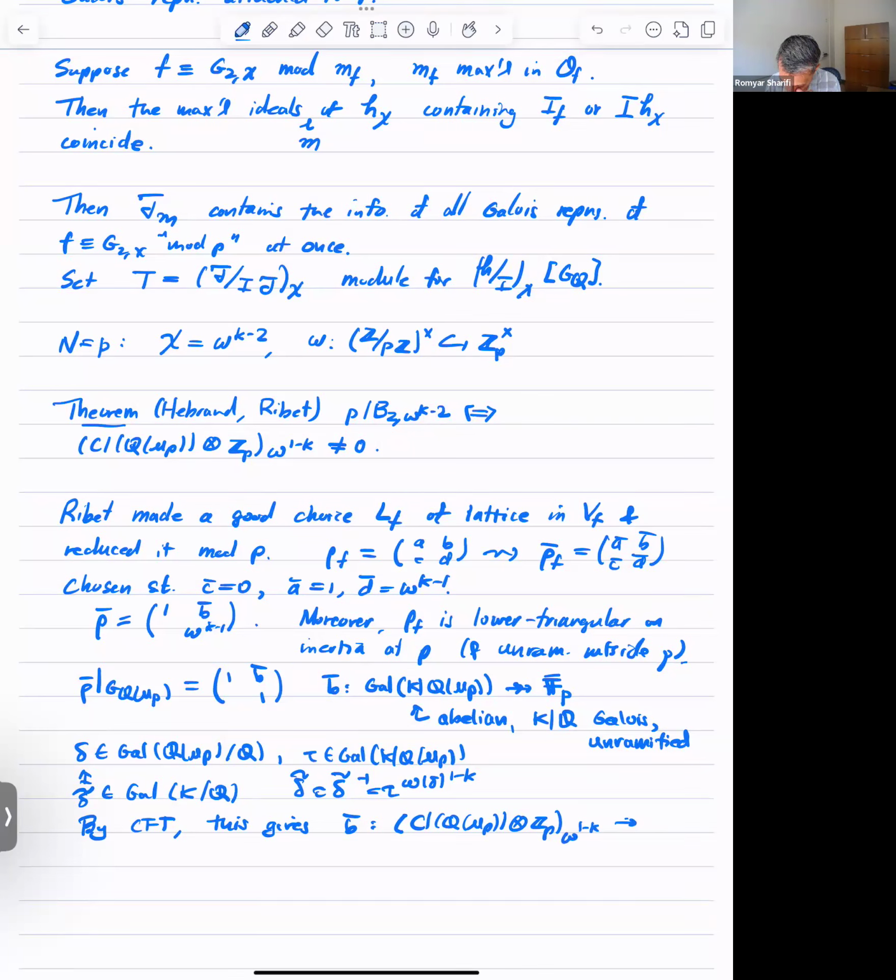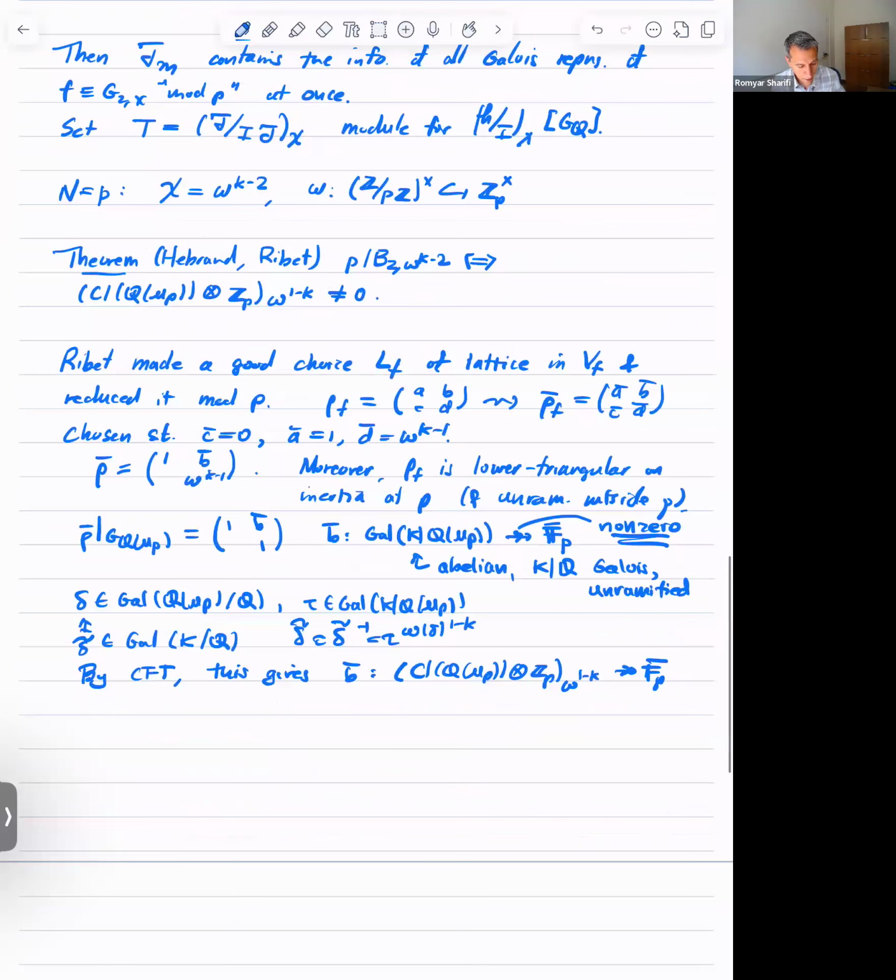And I should make the point that the other way this was chosen is that this is non-zero. The lattice can always be chosen to make it non-zero, and that's a key point. He chooses the lattice to be extremal in a certain sense. You have a rank 2 thing; you fix one of the rank 1 pieces and make the other one as small as possible. In that way you can make this character B bar non-zero. So you get a non-trivial homomorphism from this class group to F_P, and therefore you have the theorem of Ribet.